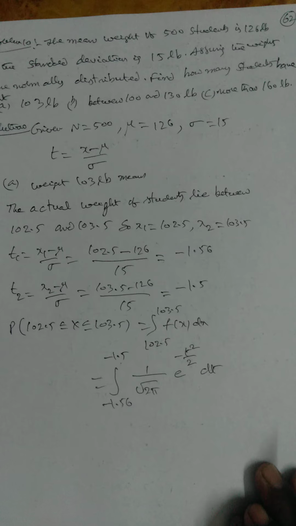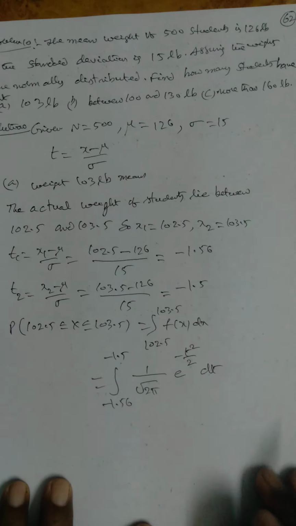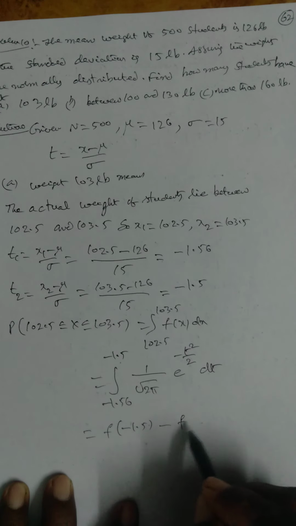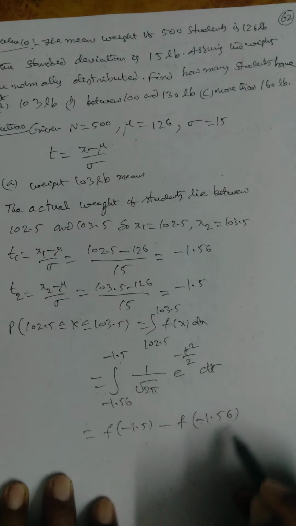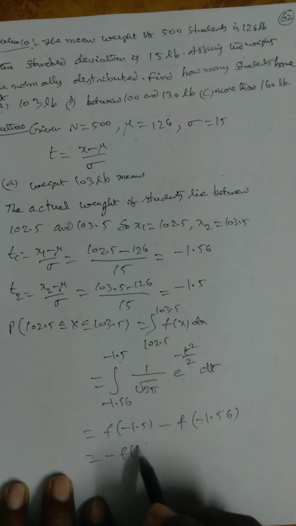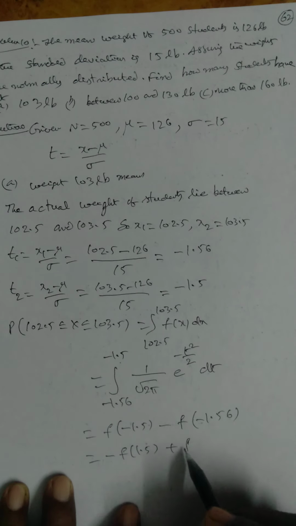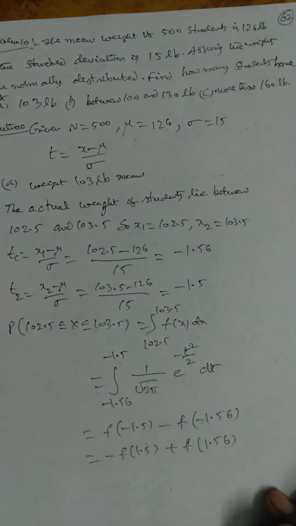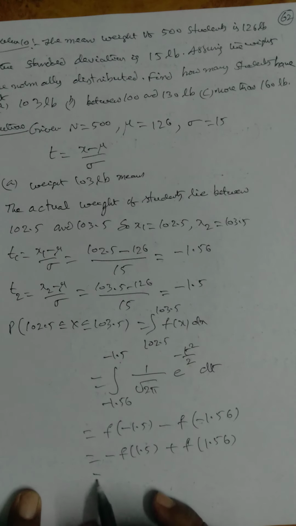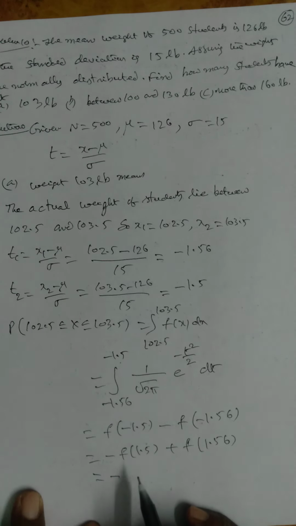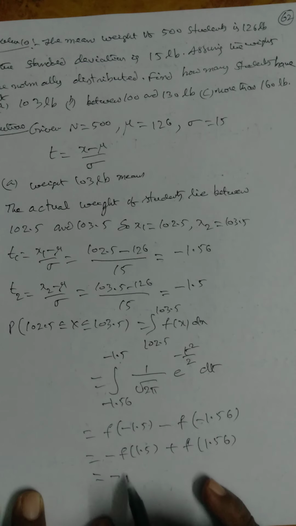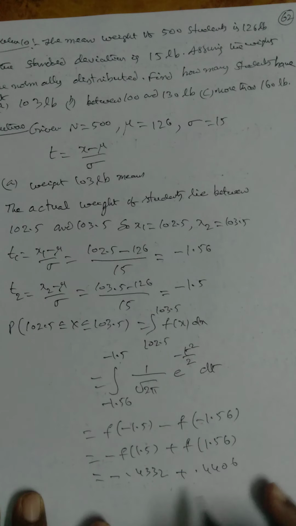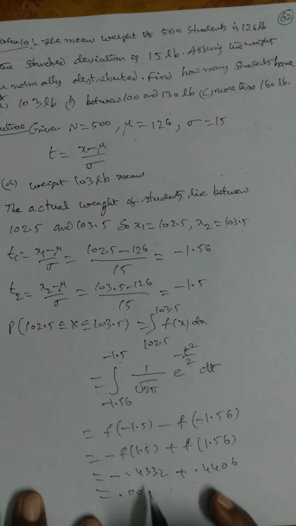So this is nothing but f of minus 1.5 minus f of minus 1.56, which is f of 1.56 minus f of 1.5. This is from normal tables. This is 0.4406, this is 0.4332. The difference is 0.0074.